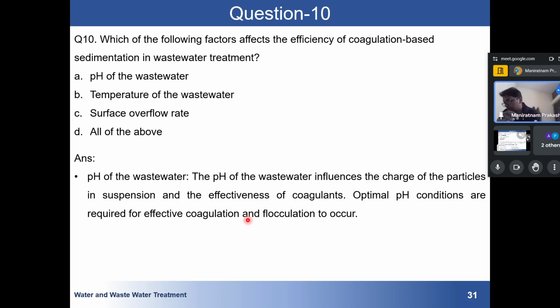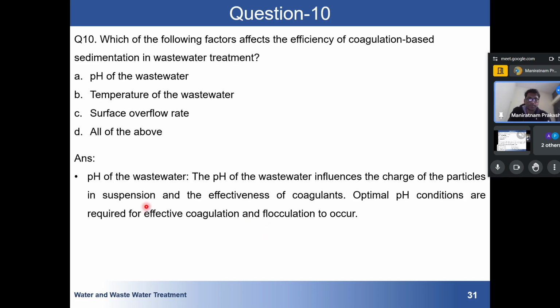And the most common coagulant which is used is alum, which has an optimum pH range of around 7 to 8. Suppose you have wastewater which has pH of around 7 to 8, you can add alum.